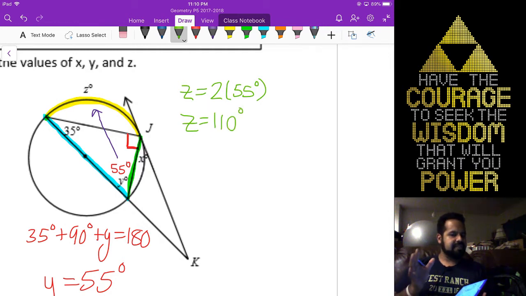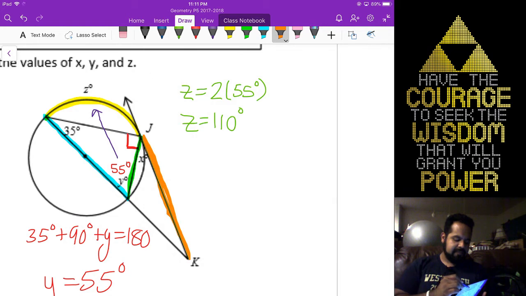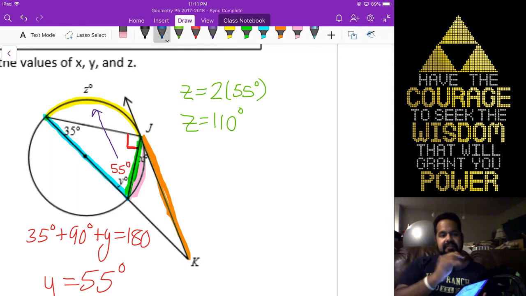Now we still got some work to do with x, but the nice thing is that angle x is formed with a tangent line here and with the chord here. All I need then is to find the measure of this arc. Well, thankfully, I can actually find that arc because that blue line that I highlighted earlier is cutting our circle in half.